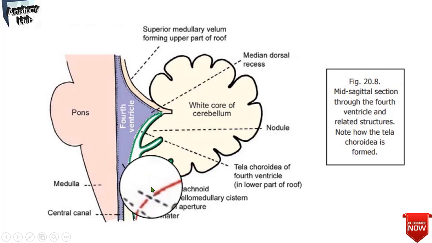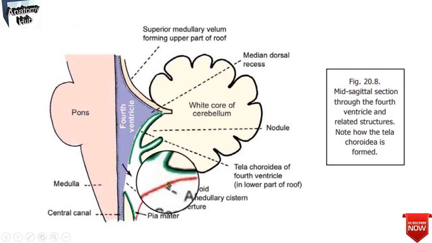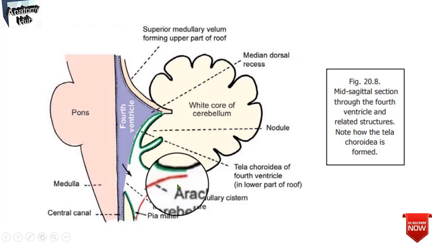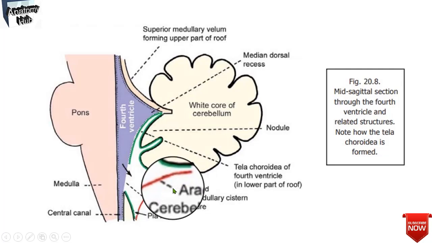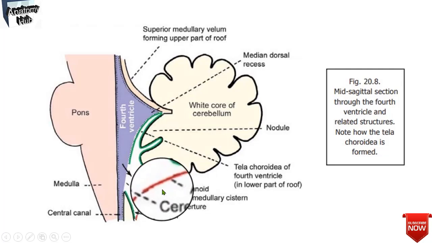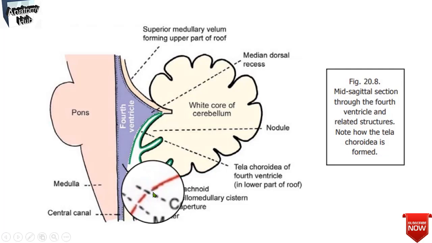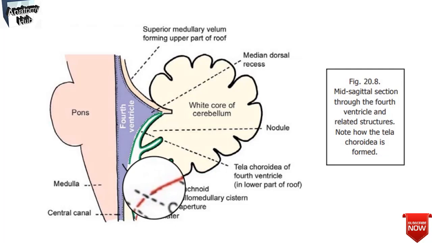Here we will see the choroid plexus of the fourth ventricle. The tela choroidea of the fourth ventricle is made up of two layers of pia mater. The superior, or dorsal, layer lines the inferior vermis and reaches the nodule, and it is reflected on itself to form the inferior or ventral layer.